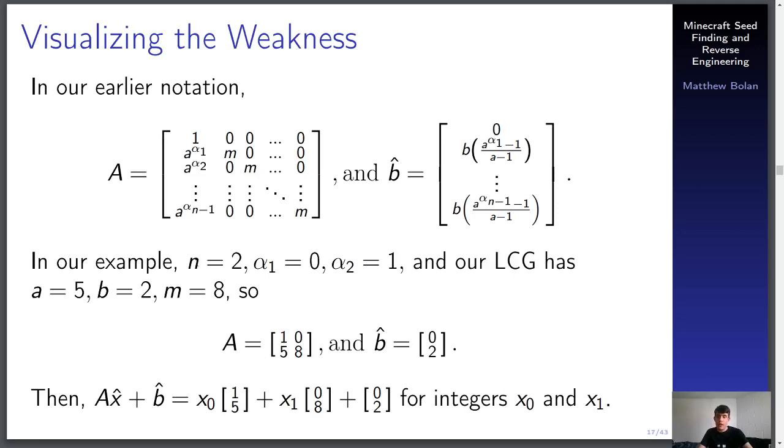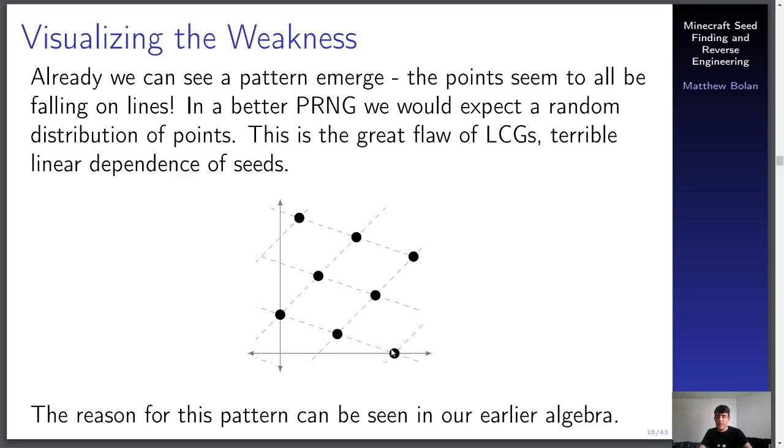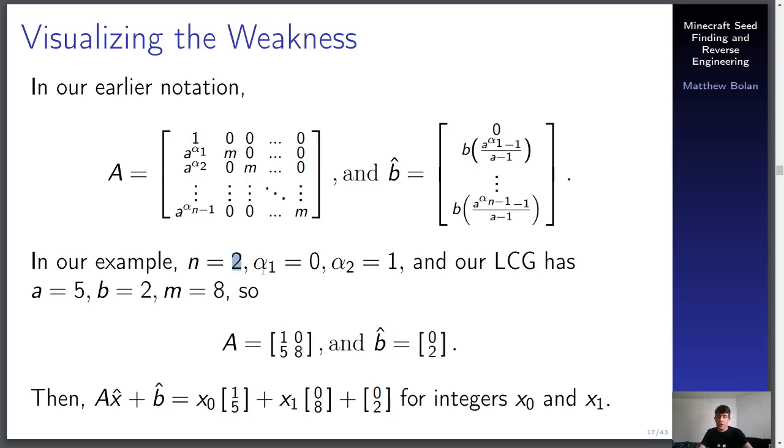So we can plug in our n is 2. Our first seed was seed 0, so our alpha 1 is, these should be alpha 0 and alpha 1. Excuse me, I re-indexed to 0-index things.